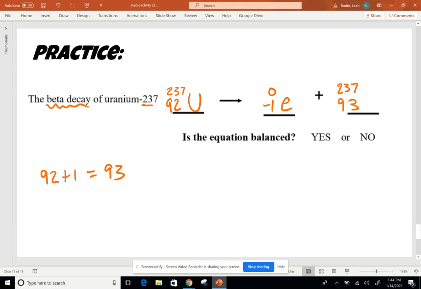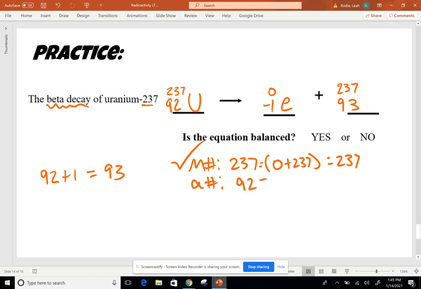Let's just double check, make sure everything is balanced. So my mass number here started with 237. And then on the right side, I have 0 plus 237. That equals 237. Perfect, that's balanced. Now my atomic number started with 92 on the left, and I have minus 1 plus 93, or you can think 93 minus 1.